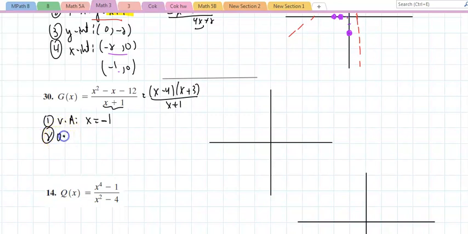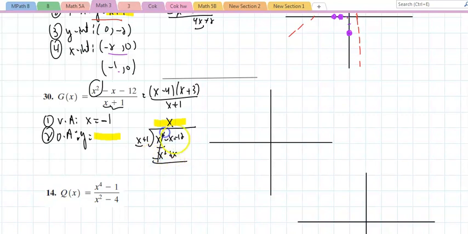Horizontal or oblique asymptote, or slant, it doesn't matter. Y equal, and again the degree of the top is bigger than the bottom, so it's long division, and I'm only after the quotient. So if I take x squared minus x minus 12 divided by x plus 1, x squared divided by x is x, multiply. That's a remainder, so it's y equal x.